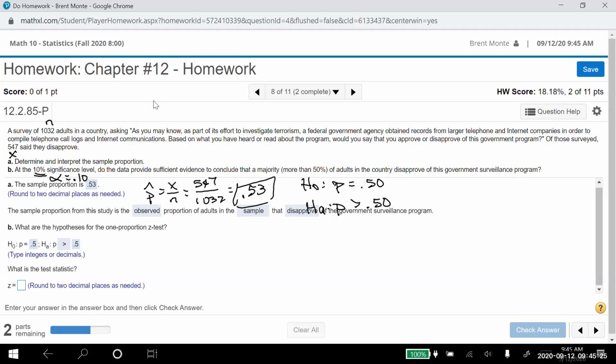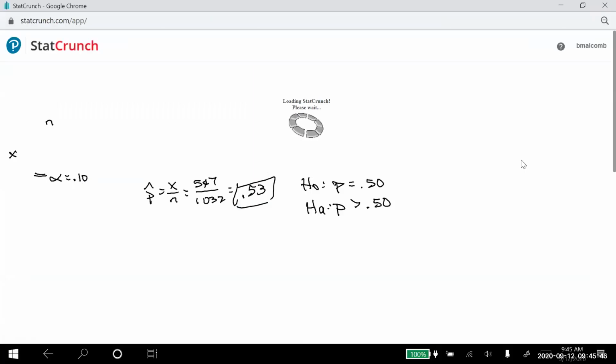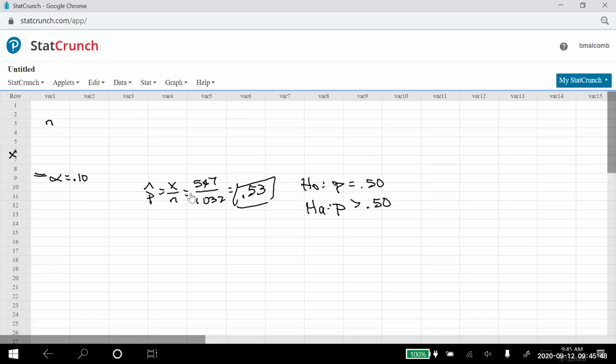So let's go in. And that's another thing you have to remember using StatCrunch, because watch how this works out. So I have the 547 and the 1032 in my calculator, so that'll be good. Because now I'm just jumping into StatCrunch. So let's open up StatCrunch again. Oh, I still have those numbers right there.